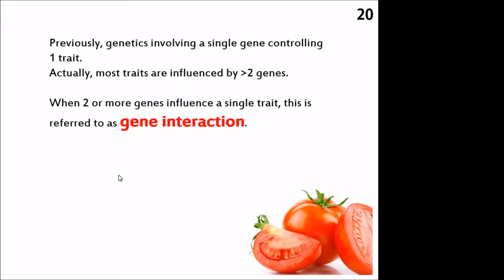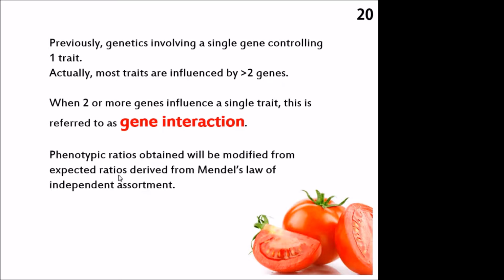And when 2 or more genes come together to influence the final outcome of one single trait, we call this gene interaction. So we're not looking at one gene with 2 alleles, we're looking at 2 different gene loci, and how they interact together to affect one trait only.